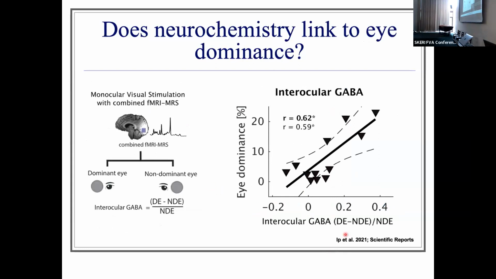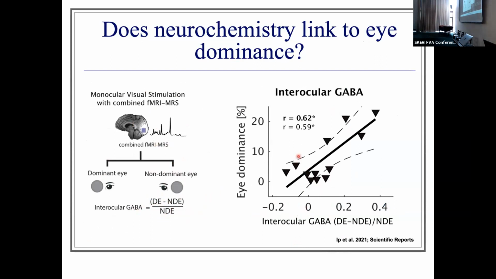So what we're measuring is a sort of intraocular GABA. So that's basically quantified as the GABA concentration when we stimulate the dominant eye minus the GABA concentration when we stimulate the non-dominant eye, divided by the concentration of the non-dominant eye.